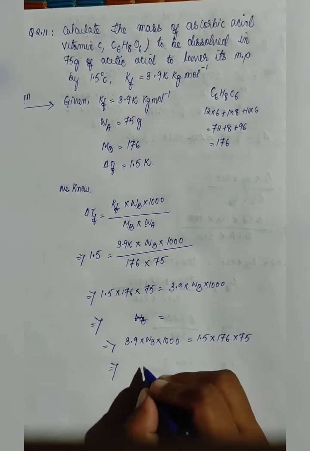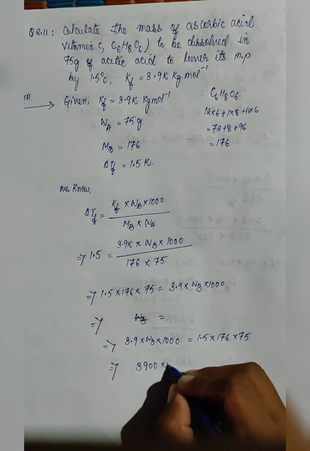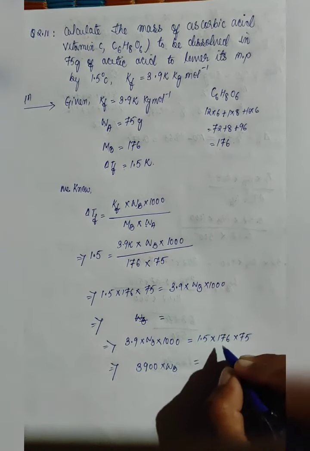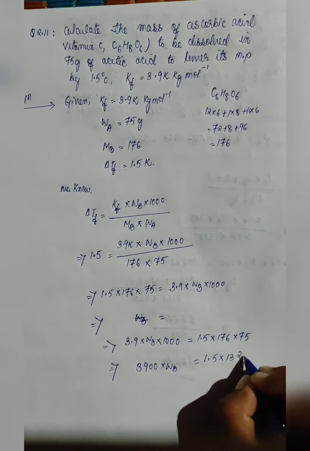So from here, upon calculation, we will get 3900 into Wb, and here 1.5 into 176 is 13200.